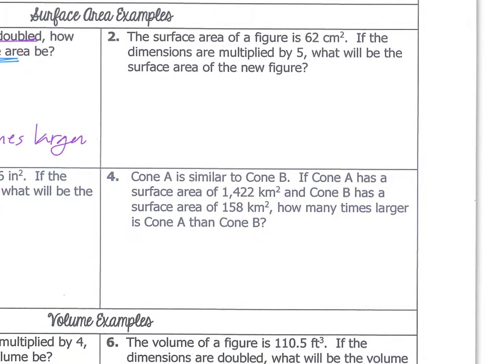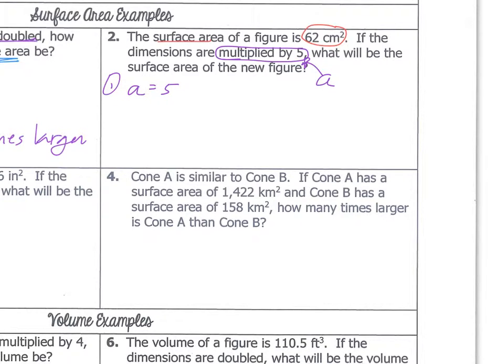Number 2 says the surface area of a figure is 62 centimeters squared. So they've given us the surface area. If the dimensions are multiplied by 5, what will be the surface area of the new figure? Isn't that A? So step 1, A, our scale factor, is going to be 5.